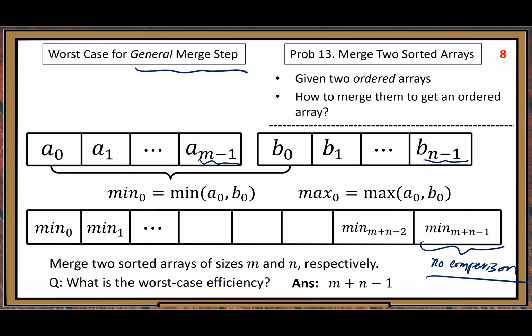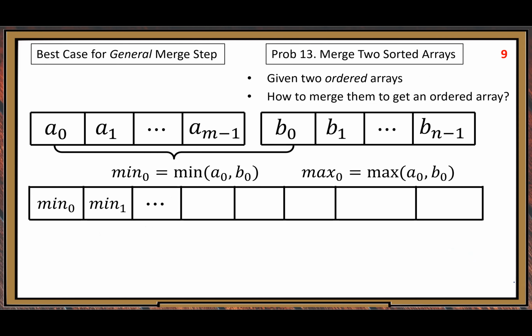Other than that, for each of the first m plus n minus 1 elements, we need one comparison. So we have total m plus n minus 1 comparisons. That's the worst case, the general case.